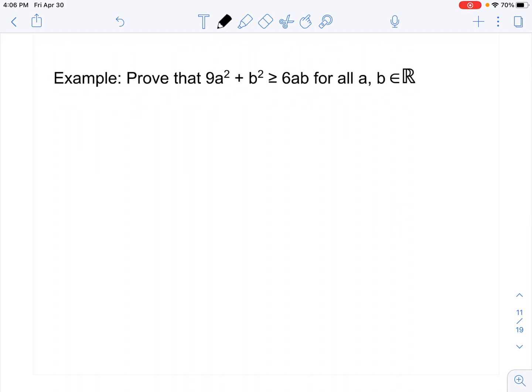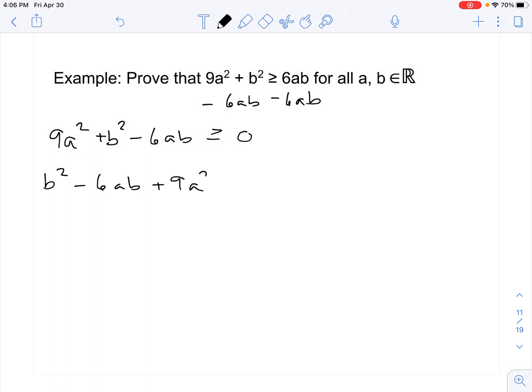Prove that 9a squared plus b squared is greater than 6ab for all a and b that are real numbers. So I'm going to start this one by subtracting 6ab from both sides. And then maybe it helps you if I write this as b squared minus 6ab plus 9a squared, because this factors into b minus 3a quantity squared.